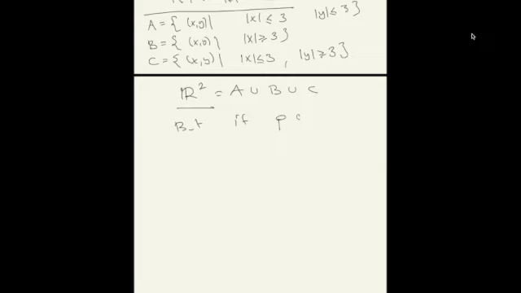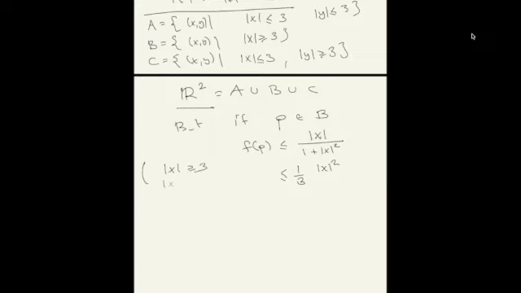But if P belongs to B, then f of P will be less than or equal to the absolute value of x over 1 plus the absolute value of x squared, which will be less than or equal to 1/3. Why? Because the absolute value of x is bigger than or equal to 3.